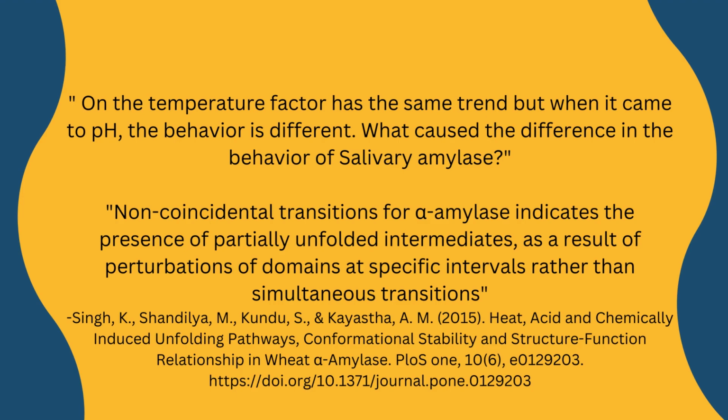These findings contradict the literature reports that amylase, particularly the amylase enzyme found in soybeans, follows a two-state folding mechanism. Their study suggested, however, non-coincidental transitions for alpha amylase, which indicates the presence of intermediates as a result of perturbations of domains at specific intervals rather than simultaneous transitions.